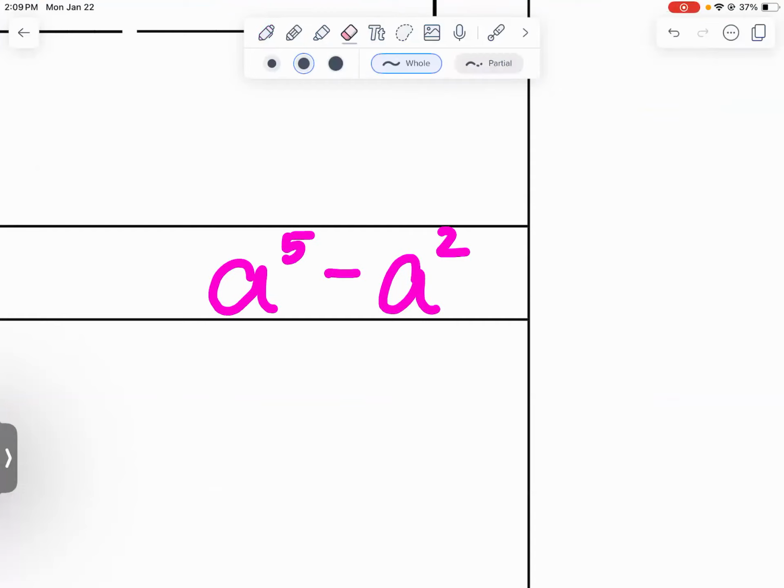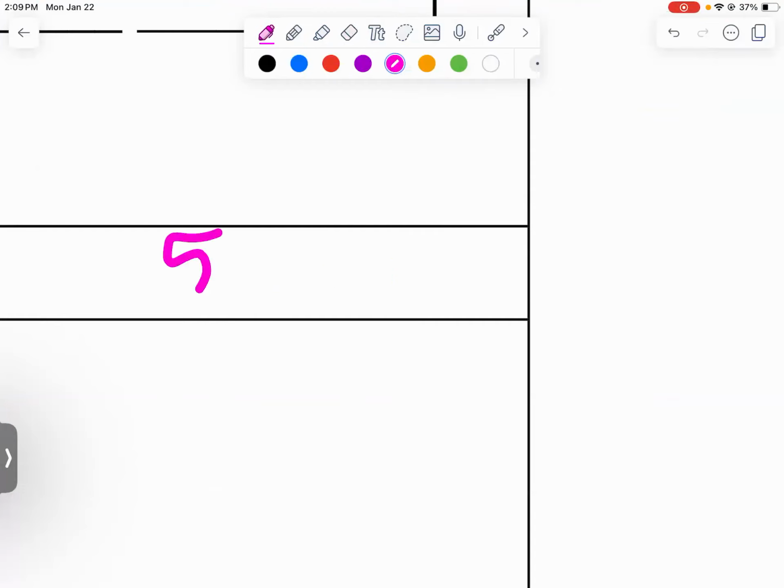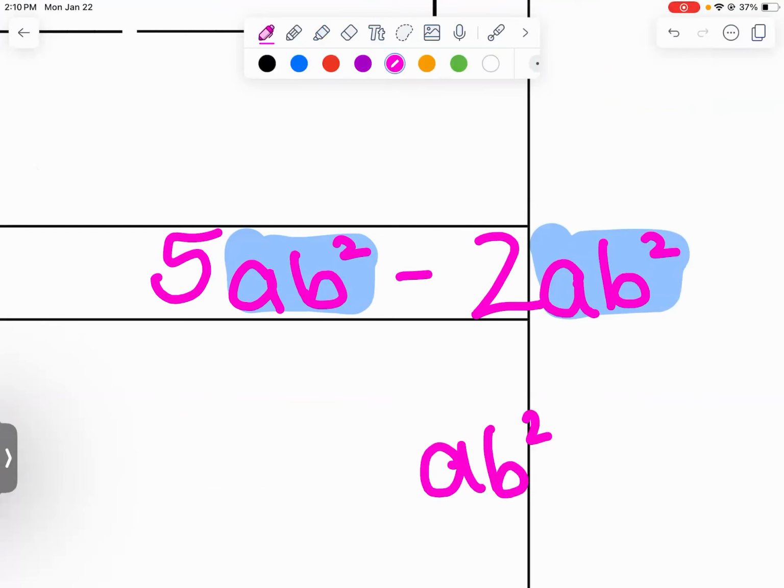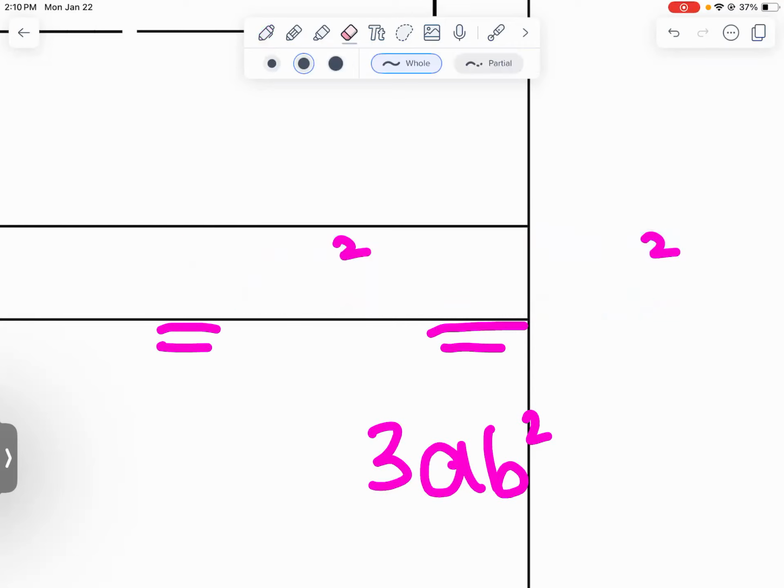But if we have 5ab squared minus 2ab squared, since these right here are the exact same, they stay the exact same, and you just add or subtract the coefficients. Does that make sense?